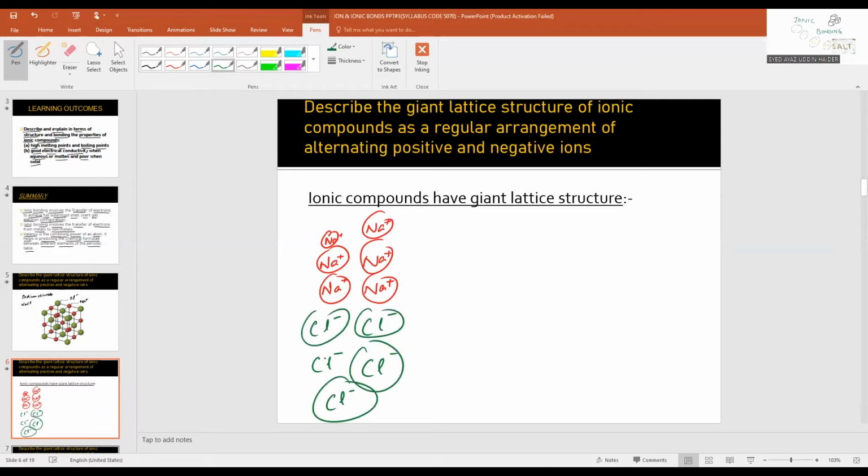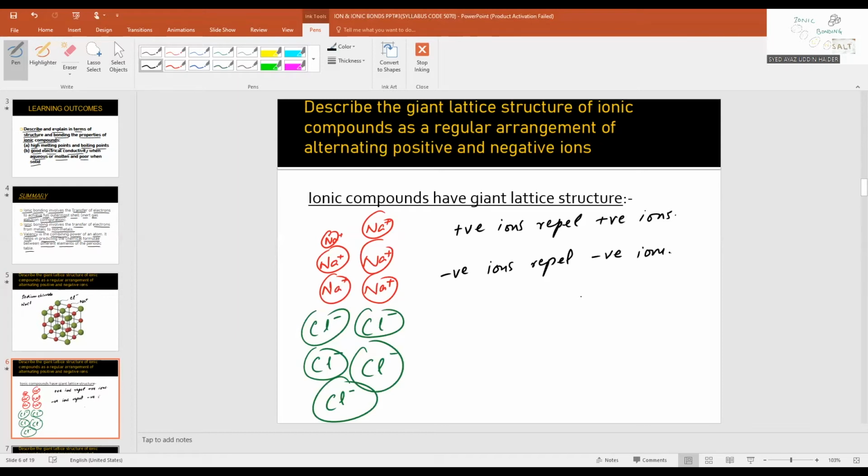So I'm making a small part of this. You know that positive ions repel positive ions and negative ions repel negative ions.